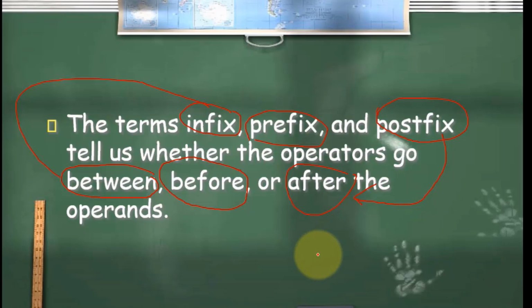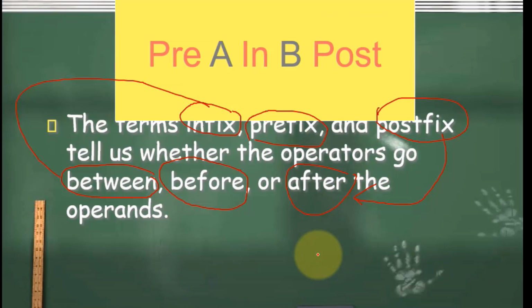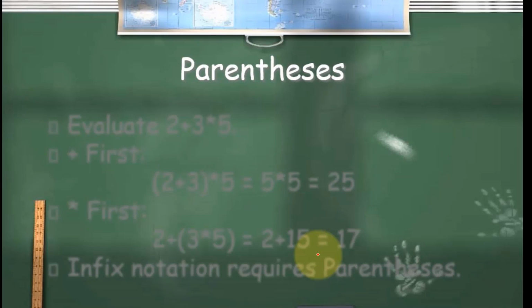Okay, now let's proceed. In calculation or performing a notation, parentheses are also important, because there are expressions, especially mathematical expressions, that require parentheses. But before I show you an example with the parentheses, let's add an example here. Let me say our expression is 2 plus 3 times 5.